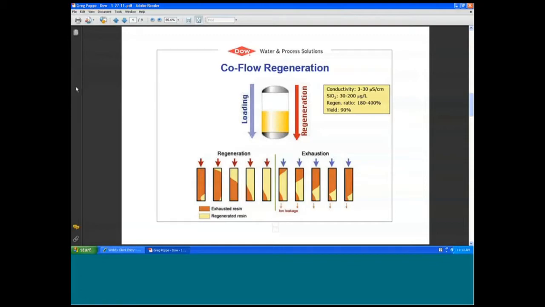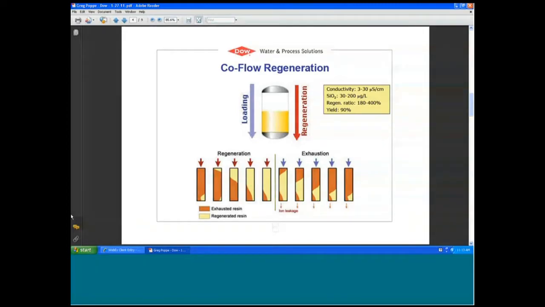These kinds of systems always have a considerable volume of freeboard above the resin, maybe 50 to 100% of the resin's bed volume, which allows a nice amount of space to do backwash following every service cycle.